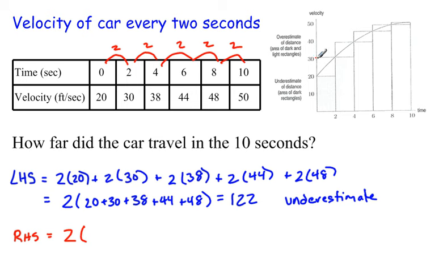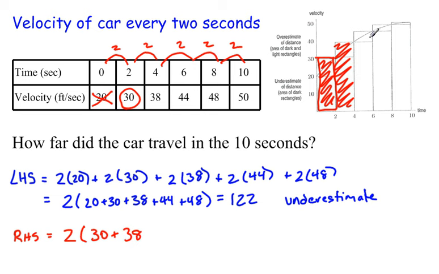Now you'll notice the right-hand sum is above the curve like this. So here's my first rectangle, and I'm going to use the height on the right. So I'm going to do 30. And then as I take all of these, you'll notice I did not use that first one. I'm going to use all the other heights. So that one's height of 38. This one right here, I'm up to the height of 44.